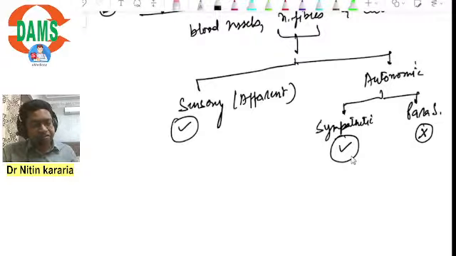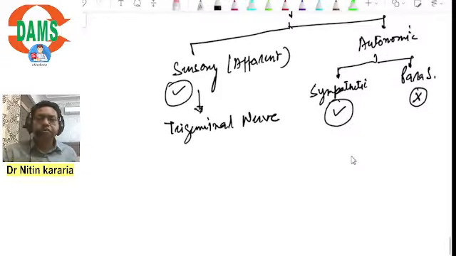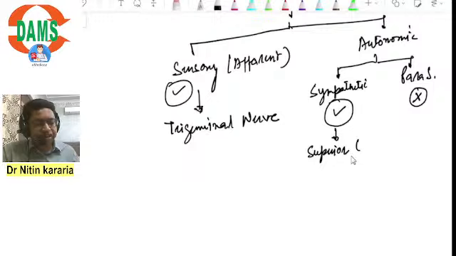The sensory fibers, they are derived from the trigeminal nerve. Trigeminal nerve, all of you know, is the fifth cranial nerve, which is a mixed nerve. It gives sensory innervation to the dental pulp. Sympathetic fibers, they are derived from superior cervical ganglion.